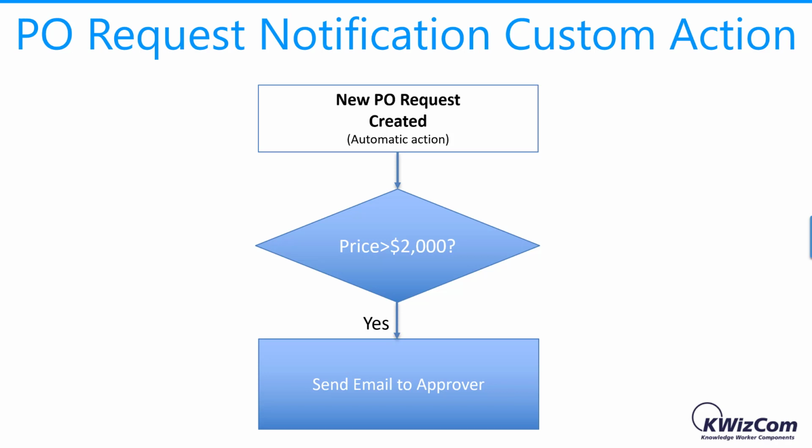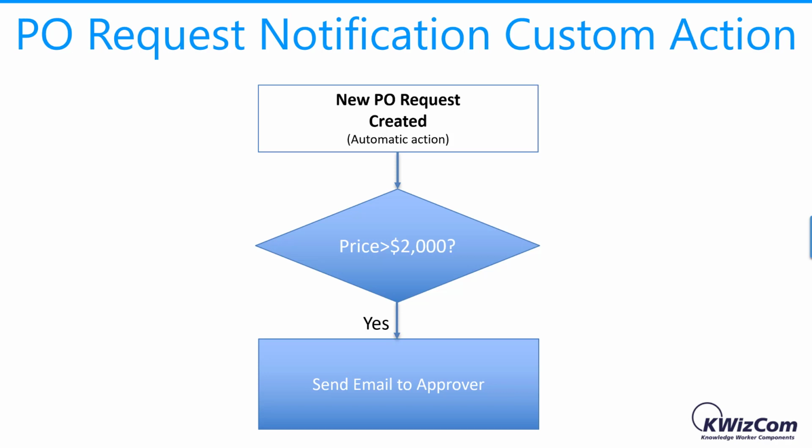Okay, let's summarize what we've seen in this video. We saw how to create a custom action, and in this example we had an automatic action which was triggered by the item added event, which happens when a user creates a new item and saves it.